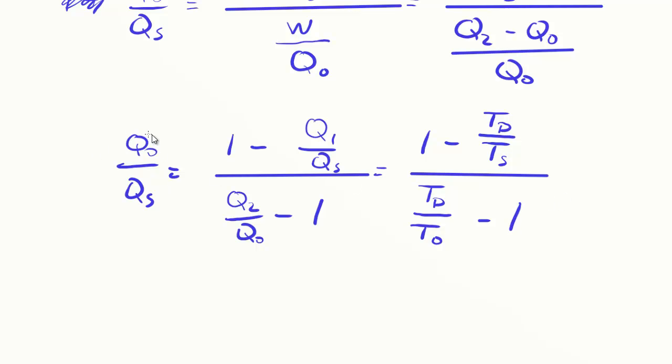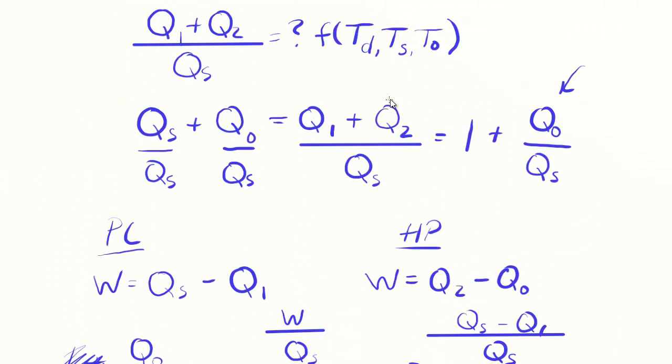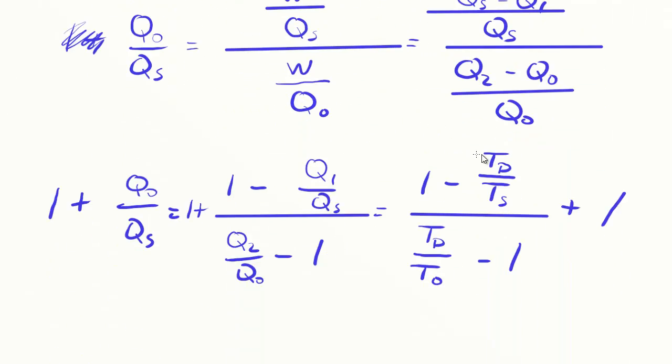So this was just this Q naught over QS term, and if we wanted our total thing, we needed a 1 plus this, and we would also need a 1 plus over here. And so we've essentially solved for it. We know that our ratio Q1 plus Q2 over QS is equal to this 1 plus Q naught over QS, and we just showed that it is equal to this statement here, and it is a function of all of your temperatures.